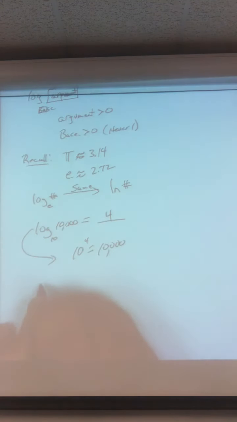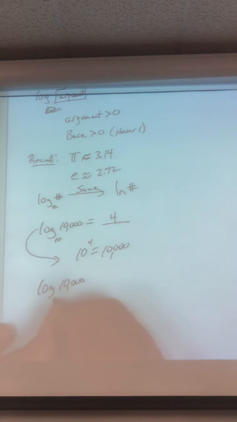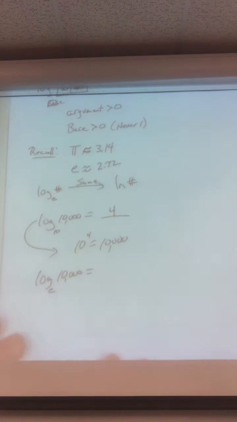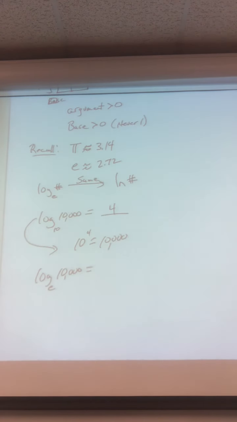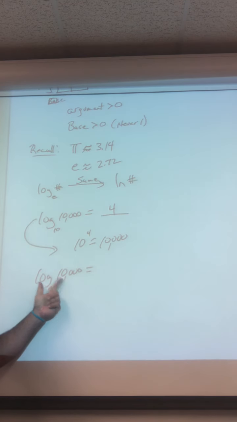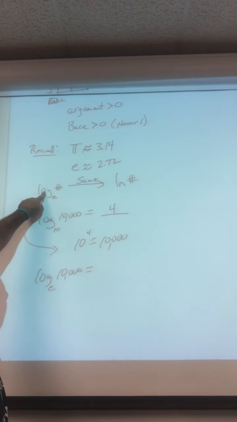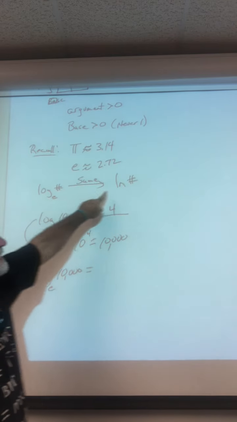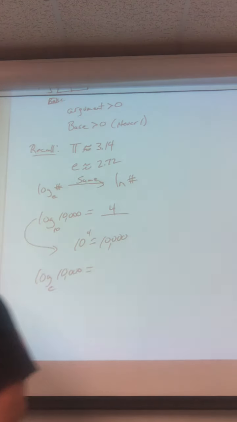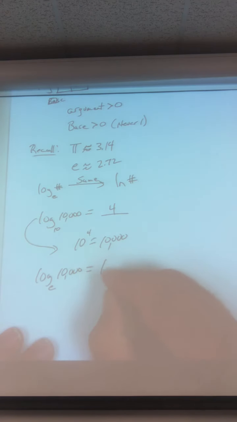Now, if I ask you to punch this in, you say, well, I can't punch this in because this is base E. That is true. But I just told you that the log base E is the same thing as that LN button on the calculator. So this would be the same.